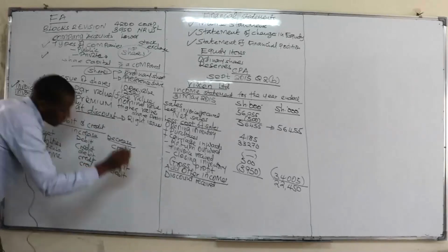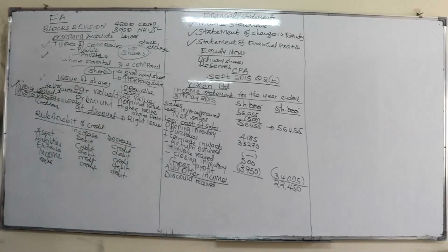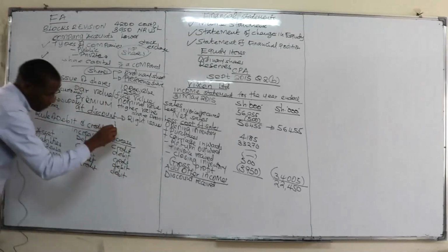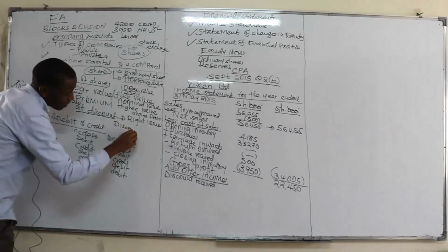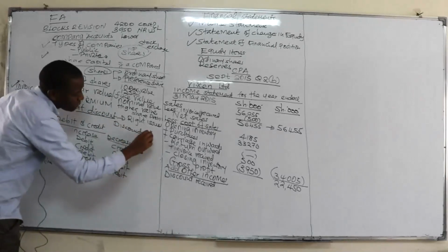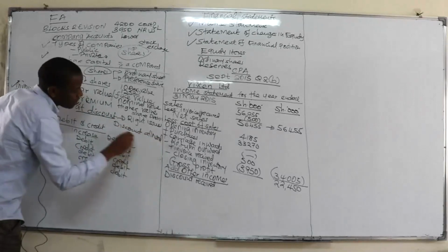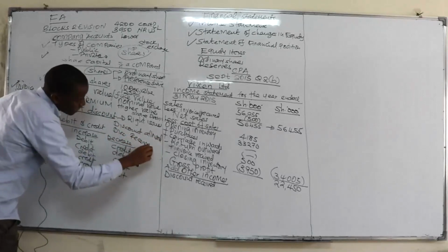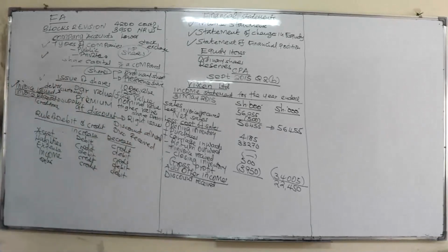Now, listen here. There are two things that you have to understand in this case. For example, on discount, there is what we call the discount allowed, and there is the discount received. Discount allowed is the one that you allow to the customer.